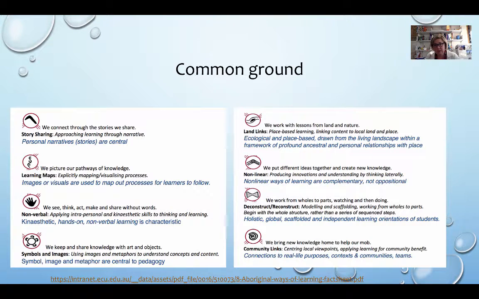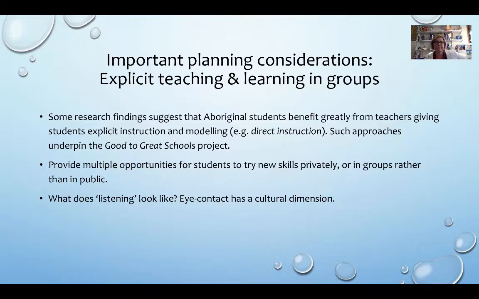Bringing new knowledge and sharing that with people, something that's actually really prominent in your learning clubs, the idea that parents are supposed to be invited. I know that one school apparently didn't quite make that happen, but anyway. Connecting to real life purposes, having authentic audiences that we're working with. Again, some important planning considerations.